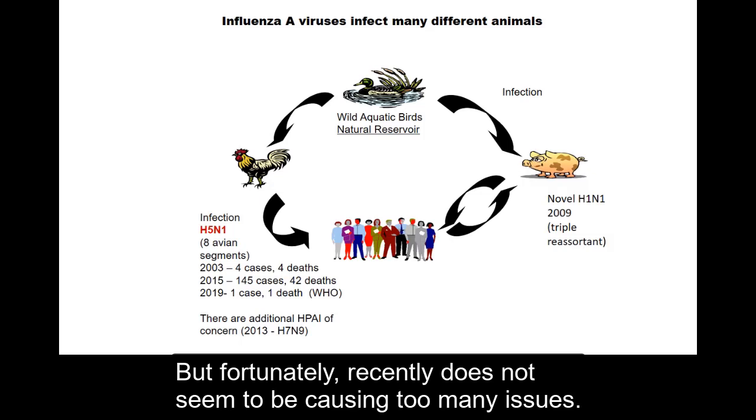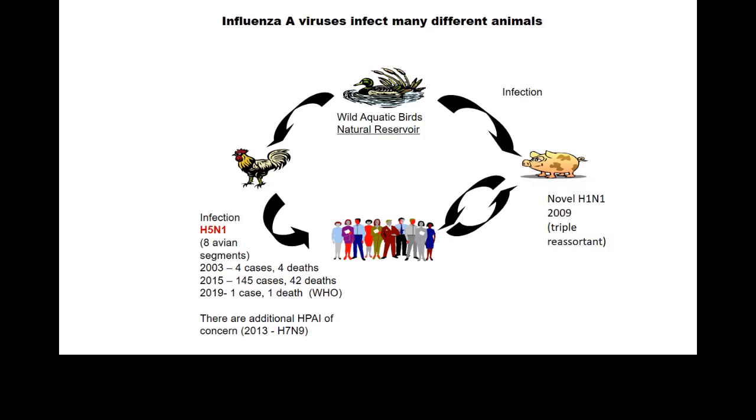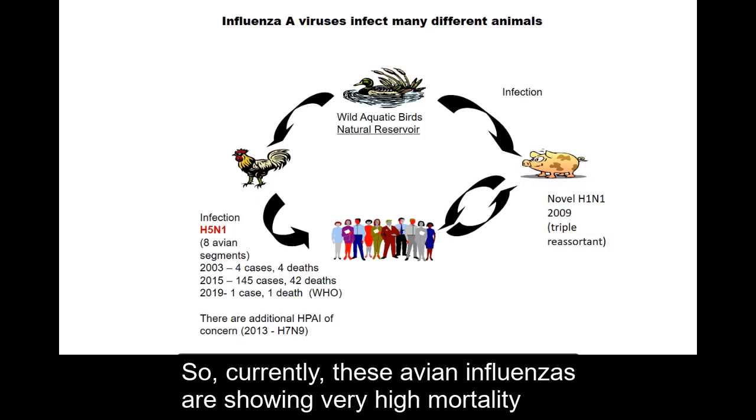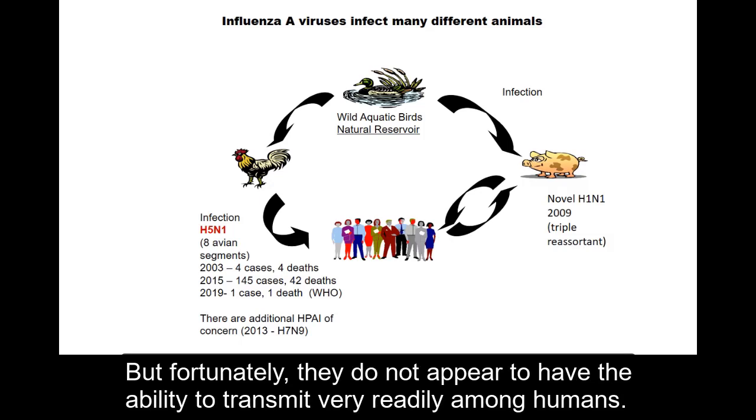causing too many issues. However, there is another, H7N9, that emerged later that is still of great concern. So currently, these avian influenzas are showing very high mortality for humans that are infected, but fortunately they do not appear to have the ability to transmit very readily among humans.